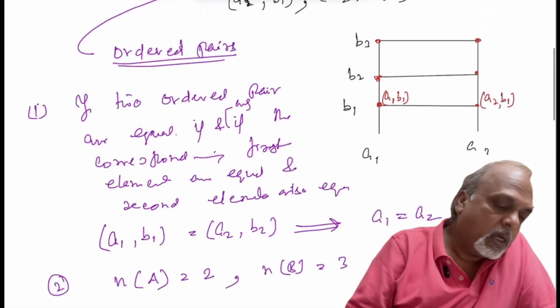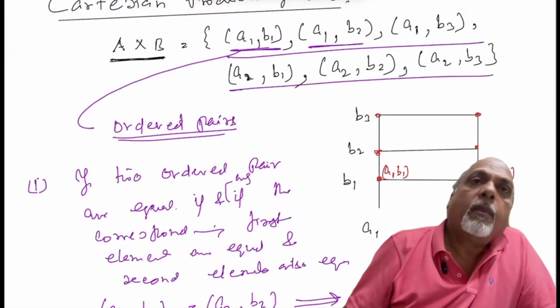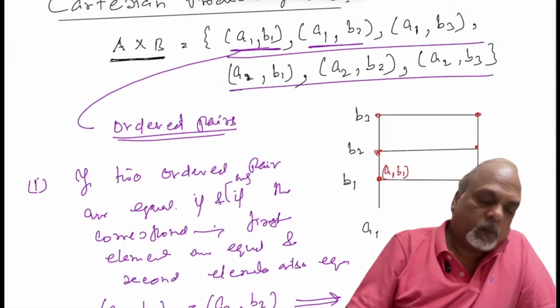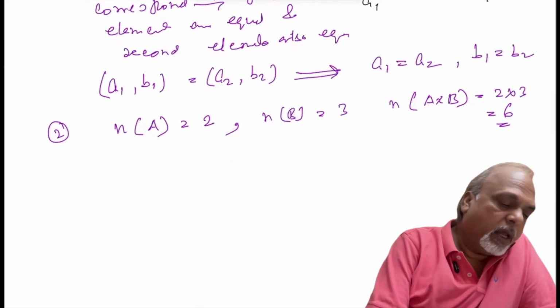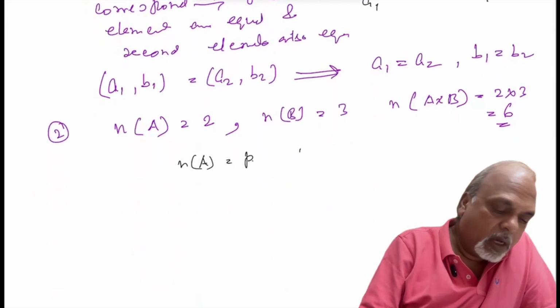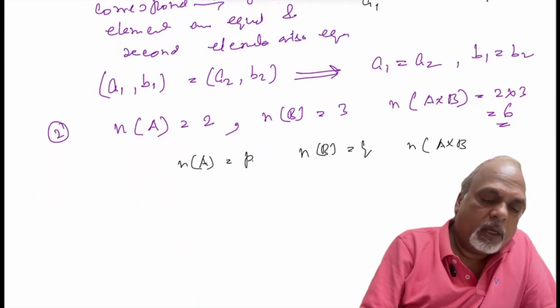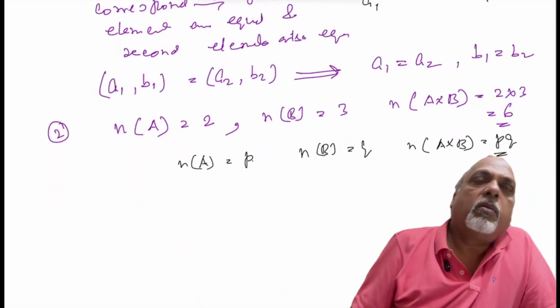So here you see there are 6 elements. Generally you can write it as, if n(A) equals p and n(B) equals q, then n(A into B) will be p into q. Correct?